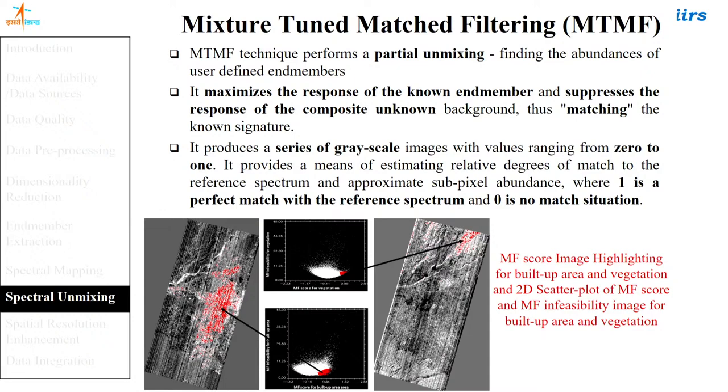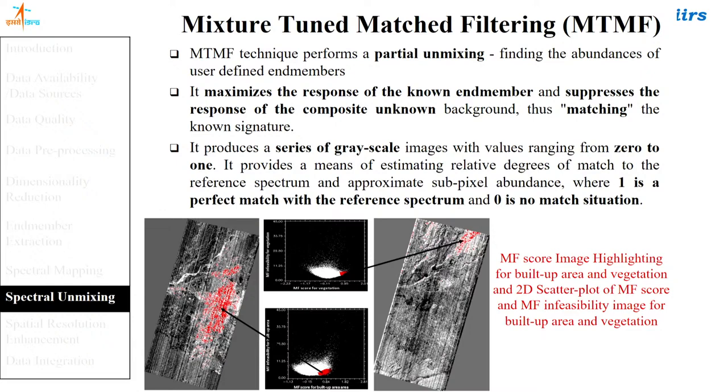Suppose you have a filter, and whatever filter size, kernel size is there, only those particular materials will be filtered out, and the rest of the things will be discarded. So whatever end member you give, it will match with that end member and highlight its response, and other end members in the background will be suppressed. This will give a grayscale score image, which is ranging from 0 to 1. 1 is a better match, 0 is no match.